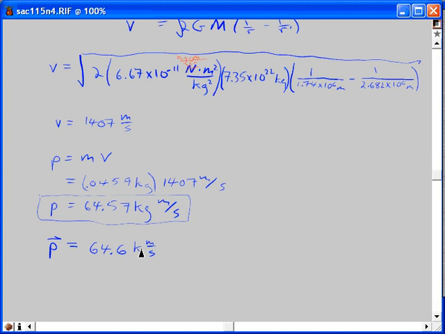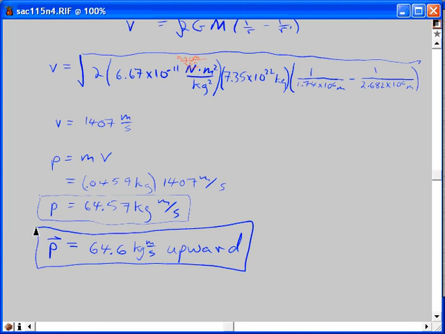So we'll say it's that magnitude, rounded, and then upward for the direction. And that's the answer.